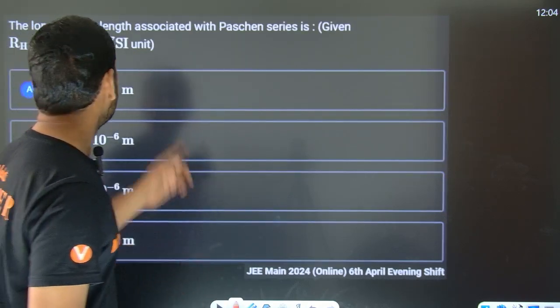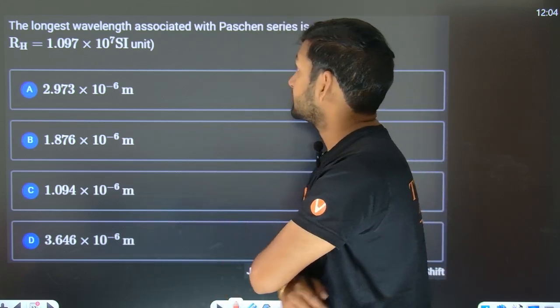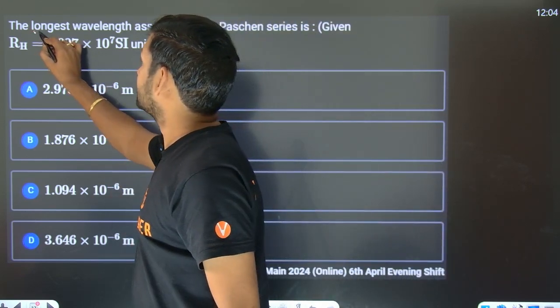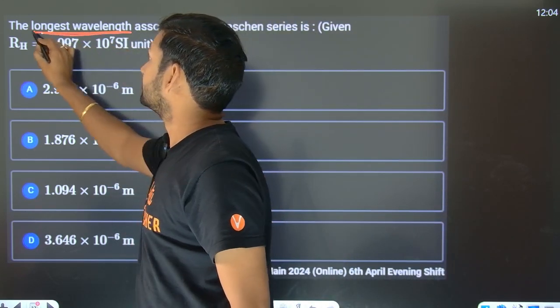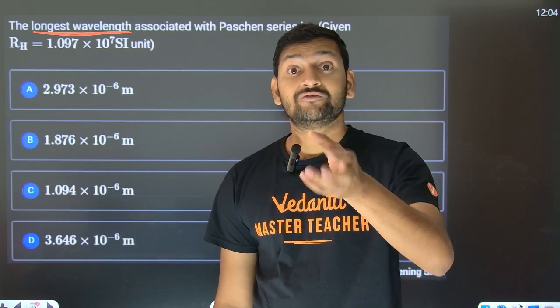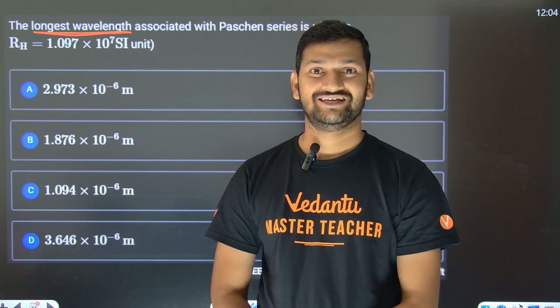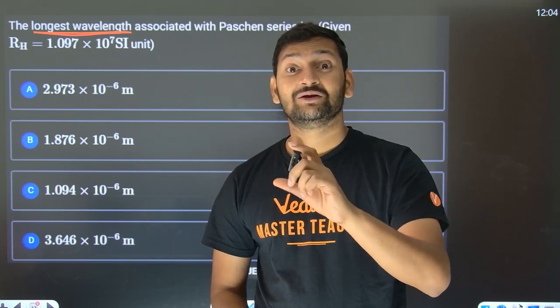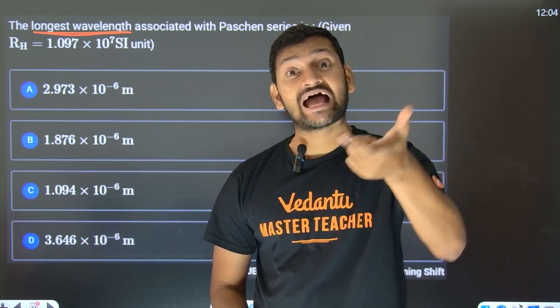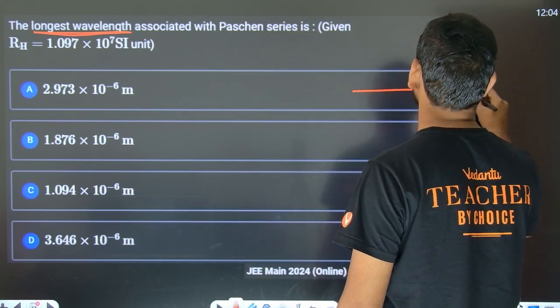Next. The longest wavelength associated with Paschen series is, look, whenever they talk about longest wavelength, that means the energy of the photon coming out should be lowest. Energy of photon being lowest means lowest energy gap. Paschen is when the de-excitation happens to n equals 3.